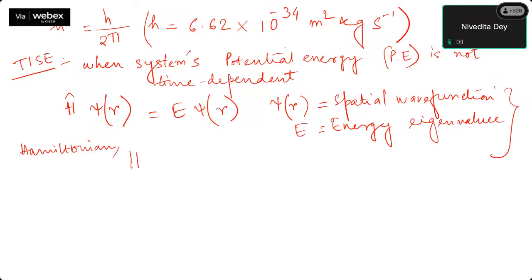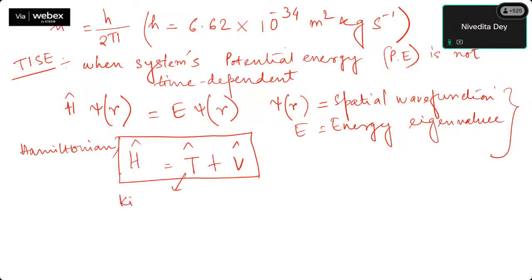And the Hamiltonian H-hat is nothing but T-hat plus phi-hat. This is the very primary equation, where T-hat is the kinetic energy operator, and this is the potential energy operator. We are just defining today.